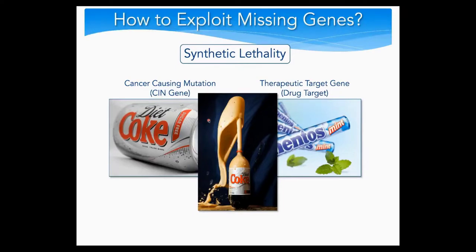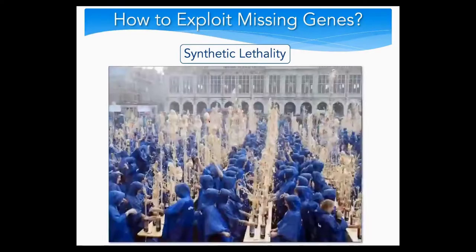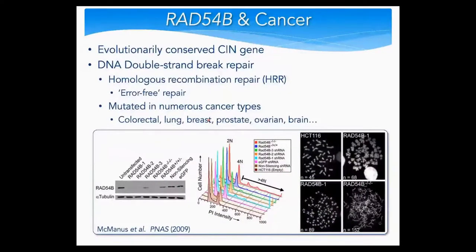And that's a very rare event. You can't take other candies or chocolates or other things and drop them into Diet Coke and have that effect. So essentially what we're trying to do is identify those drug targets, or those Mentos, that will be able to exploit those CIN genes. And if we can do that at the level of a tumor, hopefully we would have a nice explosion, as is demonstrated here.